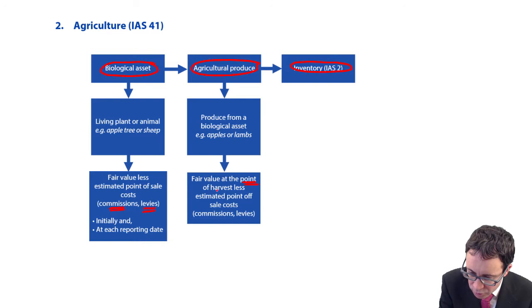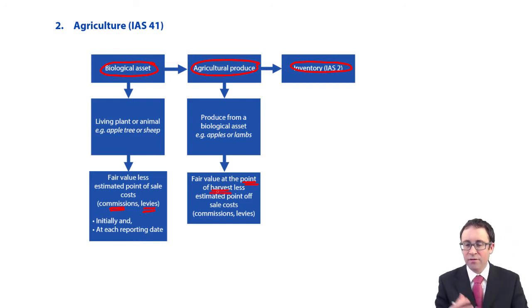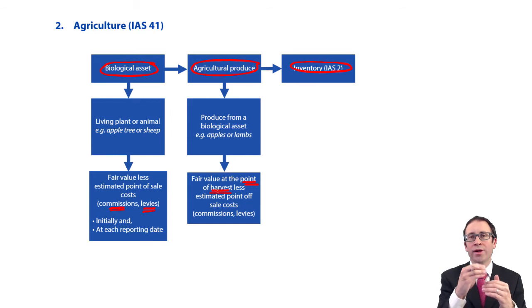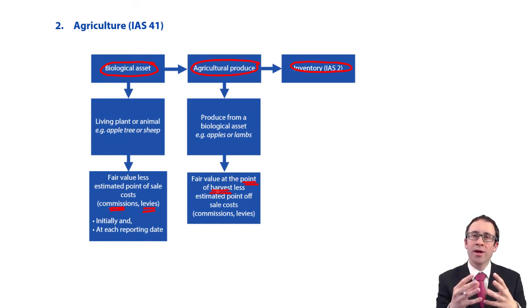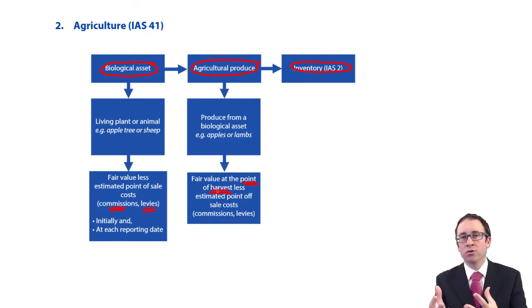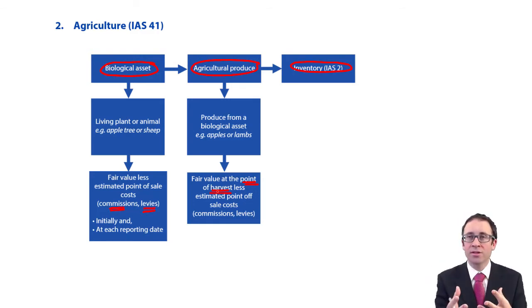Okay, so the key difference here with the agricultural produce is that the fair value is at that point of harvest, whereas the fair value of the biological asset is going to be at different points in time while that biological asset is growing, and as it grows and is able to produce more agricultural produce, its fair value will increase.